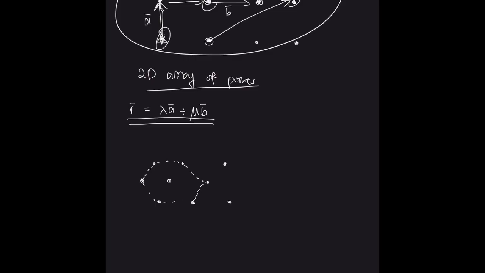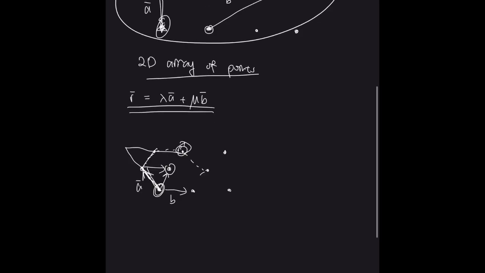And here, the vectors can be A and B. And to move from this point to this point, you just have to do A plus B. And to move from this point to this point, you just have to do A plus B plus B. And that will help you get to any point inside the lattice.